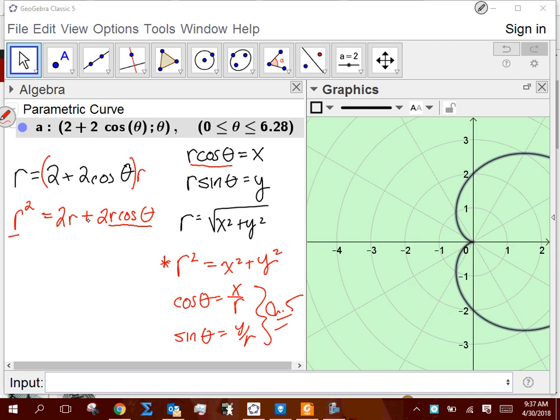What was r? Square root of x squared plus y squared, right? Let's go ahead and plug all that in. r squared is x squared plus y squared equals 2 times the square root of x squared plus y squared, and then we have a plus 2, and then r cosine theta is x.